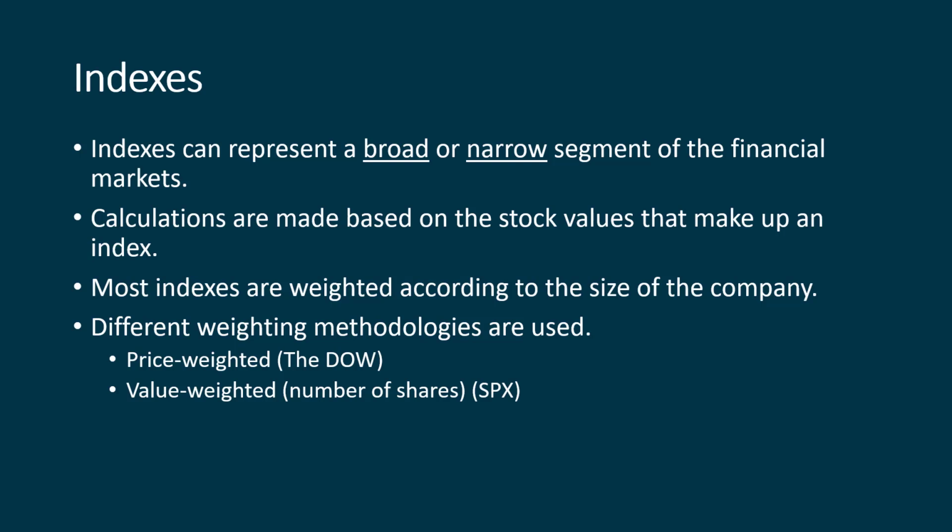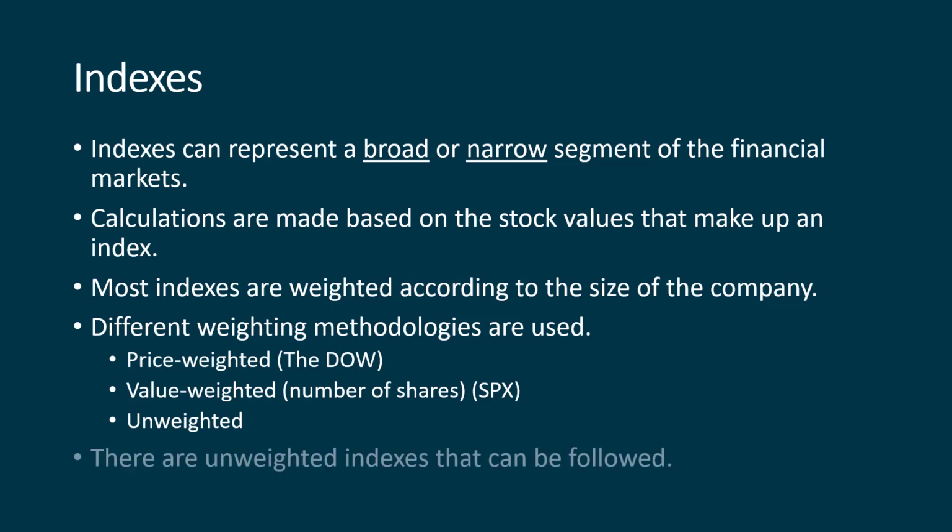Companies that are a little bit smaller, yet still meet the criteria for being included in the S&P 500, don't carry as much weight in the calculation. And then we have unweighted indexes, where you just take however many stocks there are in the index, add up all those prices, and that is the value of the index right there. There are unweighted indexes that I do follow and that you can follow as well.